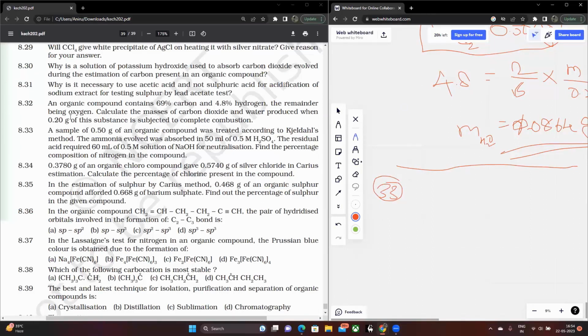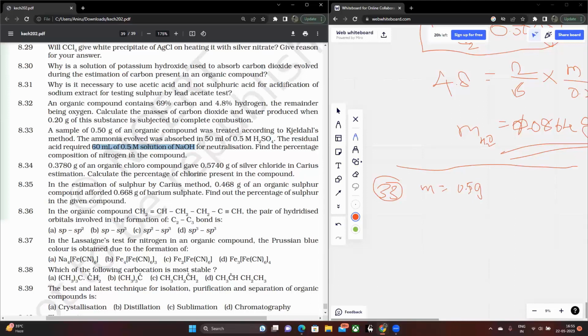Wow. A sample of 0.5 grams of an organic compound was treated according to Kjeldahl's method, right? You have M equals 0.5 grams. Ammonia evolved is absorbed in 50 ml of 0.5 M H2SO4, right? The residual acid required 60 ml of 0.5 M solution of NaOH for neutralization, right? We know that one milliliter of 0.5 molar H2SO4 requires 2 milliliters of 0.5 molar NaOH for neutralization, right?